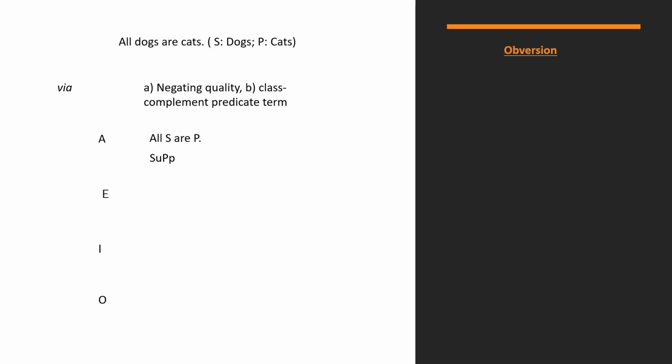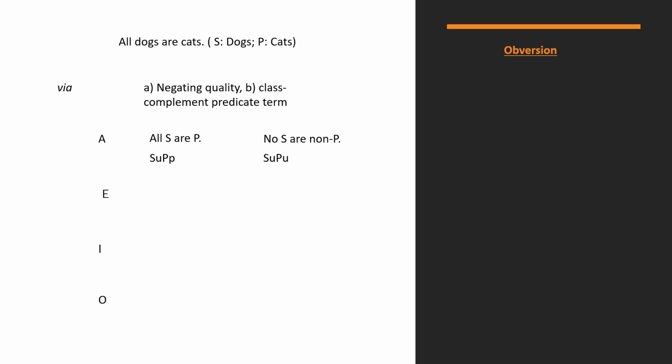So we get first the A proposition, all S are P, the standard proposition, and then the obverse, which says no S are non-P. So the first thing we did was negate the quality.